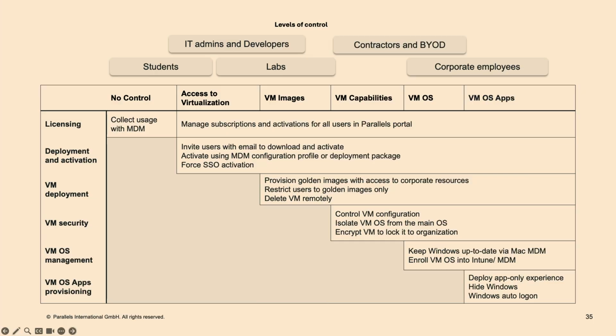Another important point I almost forgot to mention is that we already have customers that started with no control at all, when they had hundreds of licenses purchased individually by their users, and they are slowly getting into each level of control, first by consolidating all the licenses into a single business account and controlling those licenses and activations, and then deploying the virtual machine, deploying the security onto the virtual machines, and controlling the operating system.